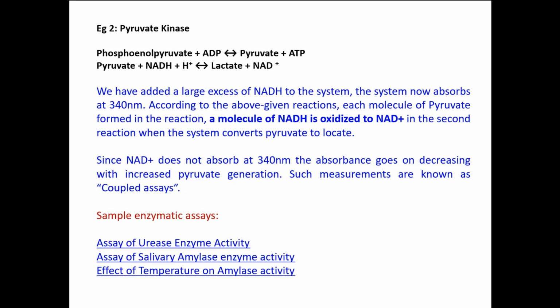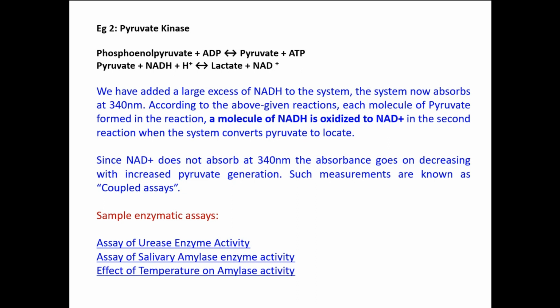But now I'm going for the next reaction, where we see the enzyme pyruvate kinase. It converts the phosphoenol pyruvate plus ADP molecule into pyruvate and ATP molecule.